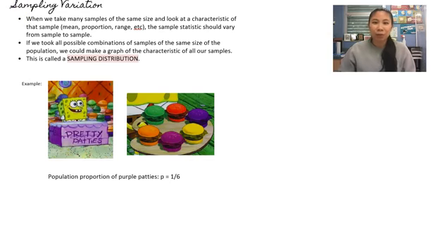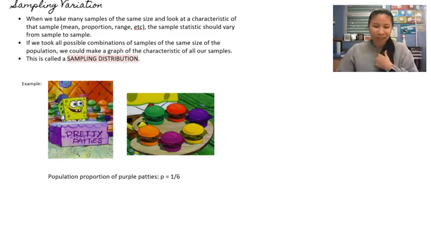So let's say I go up to SpongeBob and say, okay, I need an order of 20 patties. He randomly chooses 20 patties for me, whatever color happens to be in those 20. Just for the sake of this example, let's pretend I really love the purple ones because they match my purse.